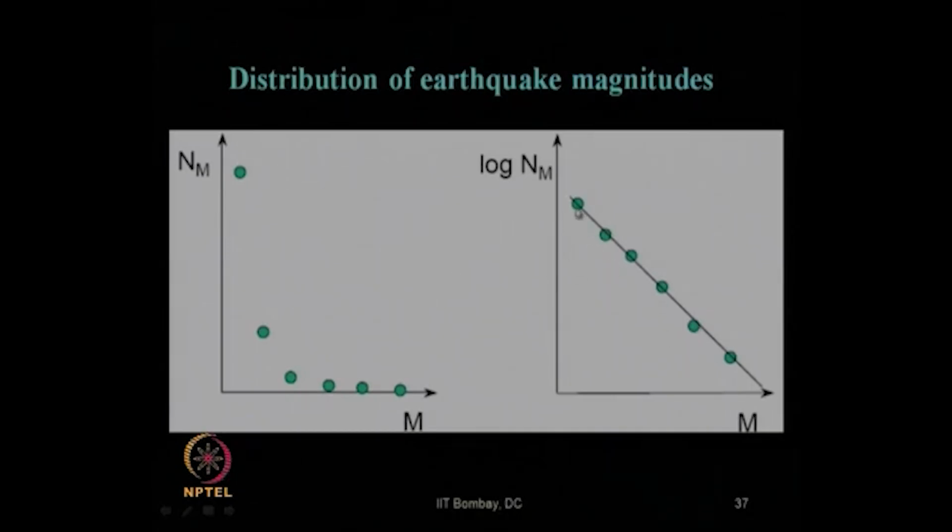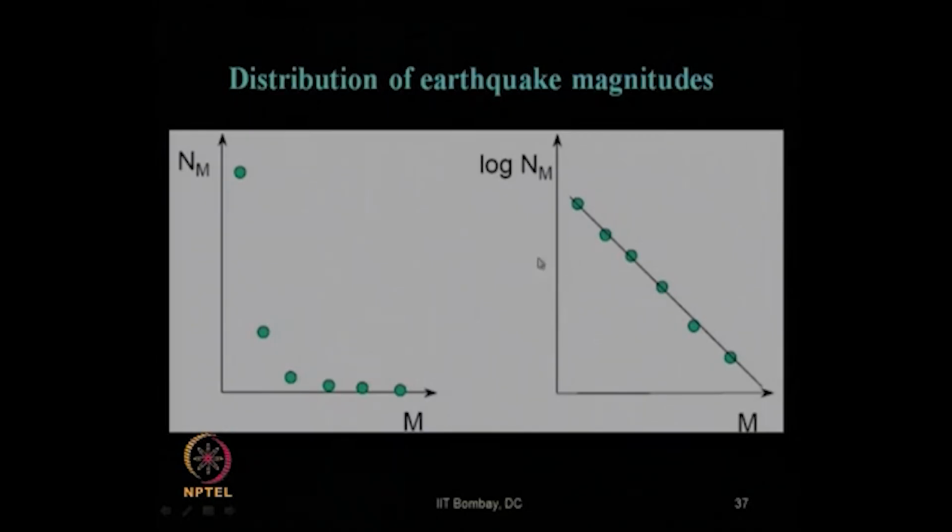All these points will be scattered like this, and will follow a certain kind of linear relationship in this semi-log plot. That is nothing but what Gutenberg and Richter had proposed.